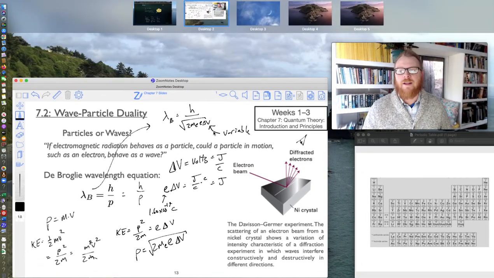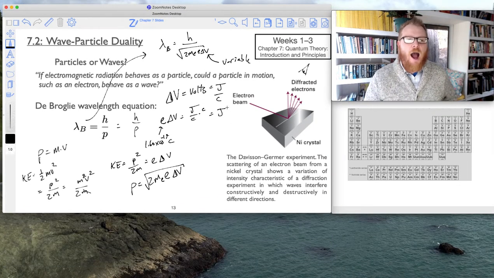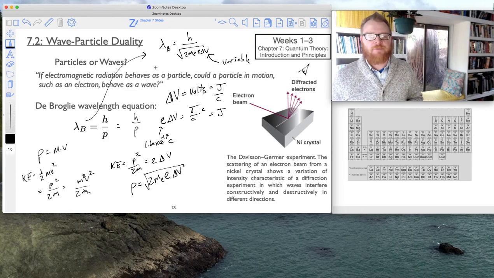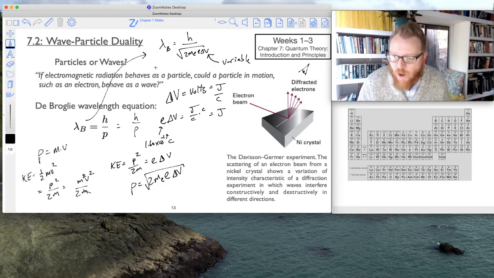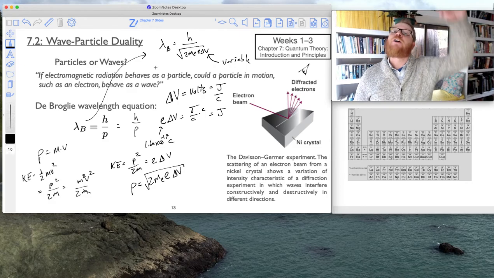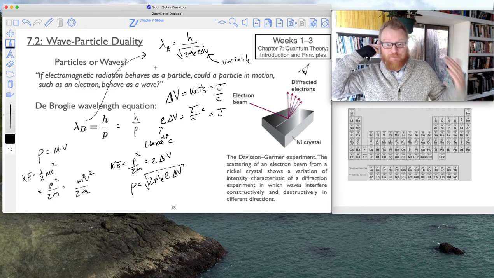The goal of this is to find a voltage that will give us a de Broglie wavelength that is on par, that is in the same scale as the space between atoms, thus allowing the electron beam to transmit between the space of atoms and diffract and give us that diffraction pattern.